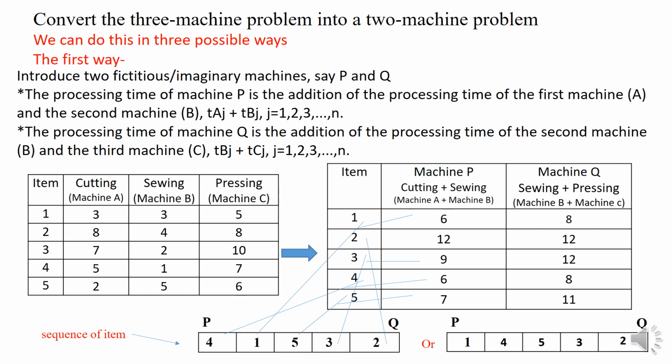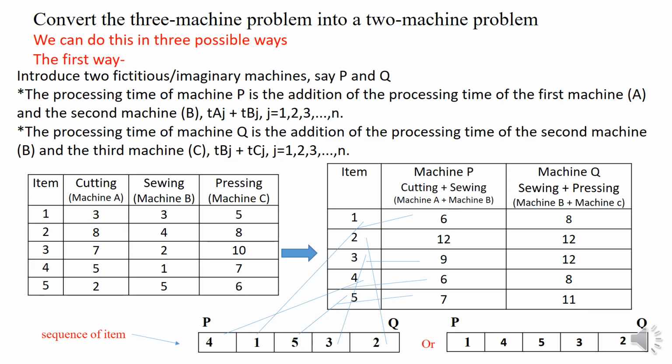Because 6 is the minimum processing time among them, and it is the minimum processing time of machine P. Same as, we place job or item 1 on the left side. Why? Because it has the same minimum processing time, and it is the minimum processing time of machine P, the first machine.